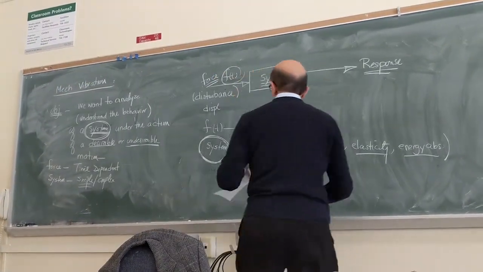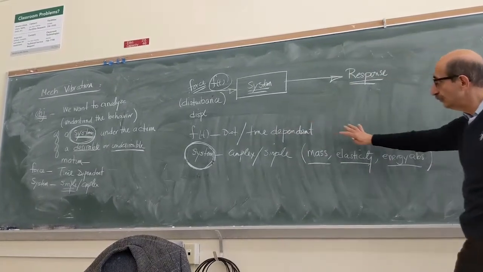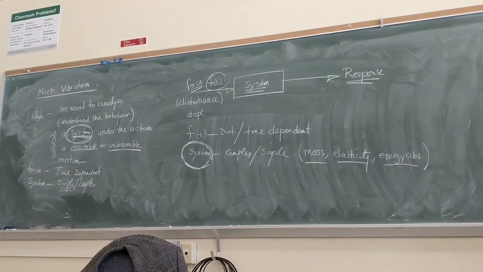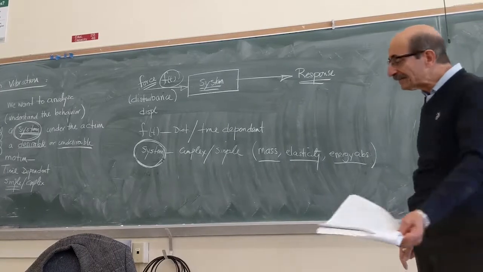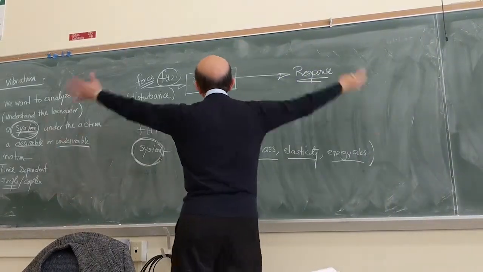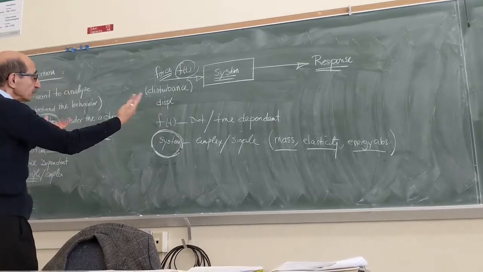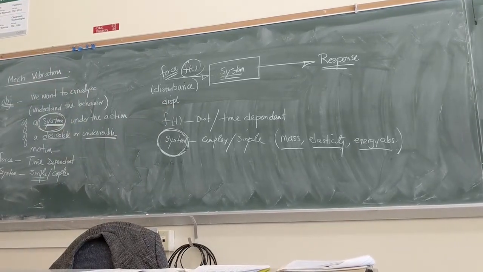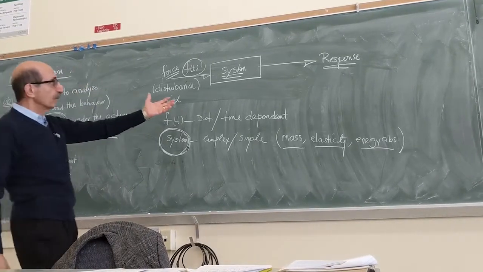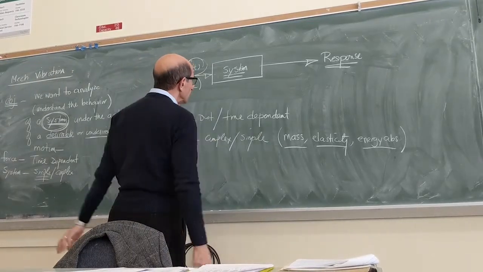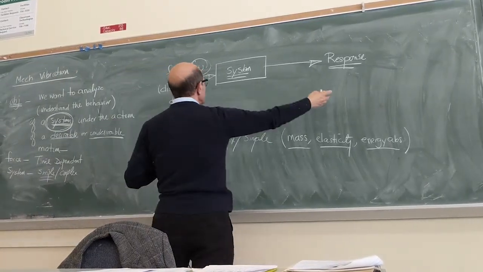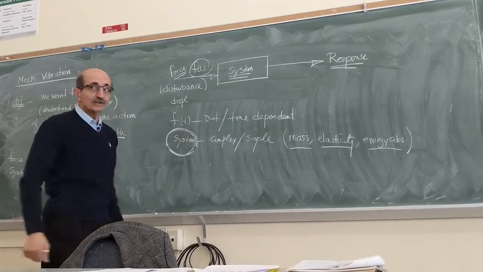In order to come up with a mathematical model that would replace this, and we can really deal with it, we cannot do much with this schematic diagram. If I tell you, this is what mechanical vibration is all about, and I want you to find a response of this system, how do you do this?